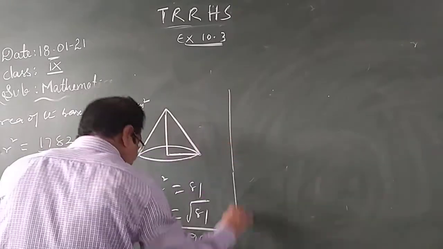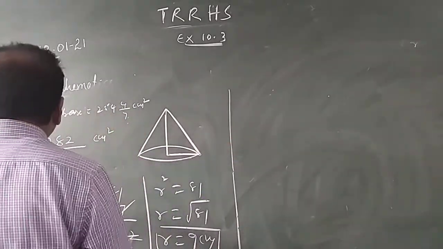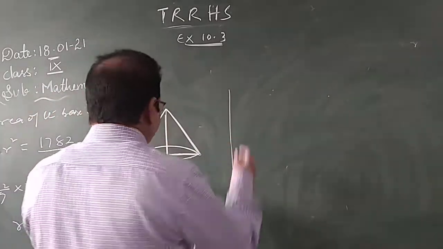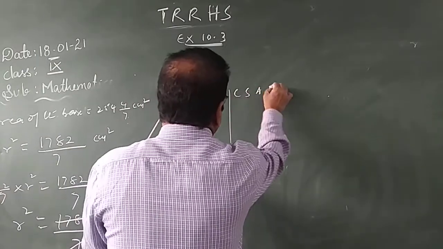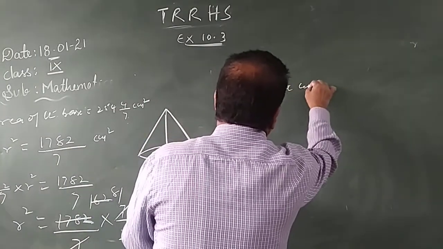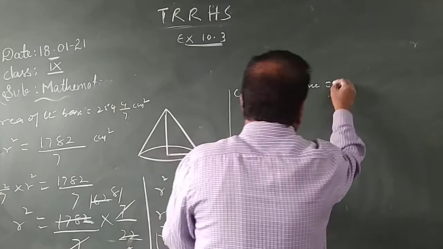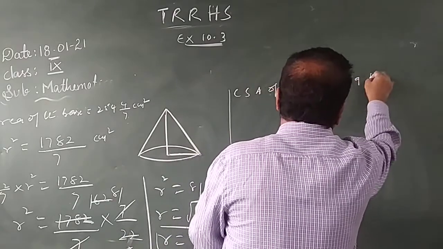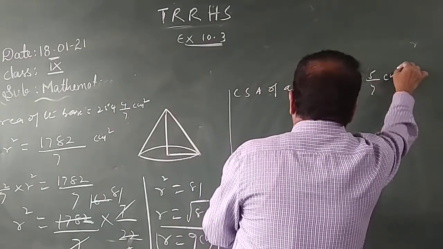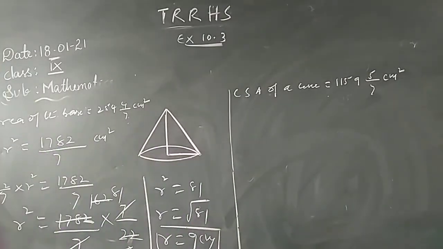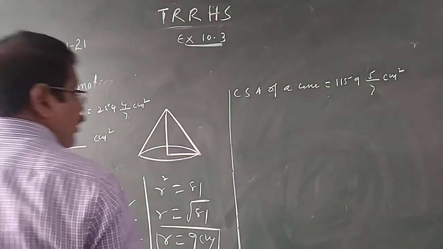Now, what is given here? We have the radius and the CSA. The CSA of a cone is equal to 1159 5/7 square centimeters. This is also a mixed fraction, so change it to improper.